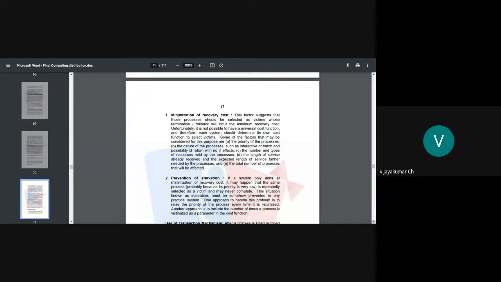Unfortunately, it is not possible to have a universal cost function, and therefore each system should determine its own cost function to select victims.